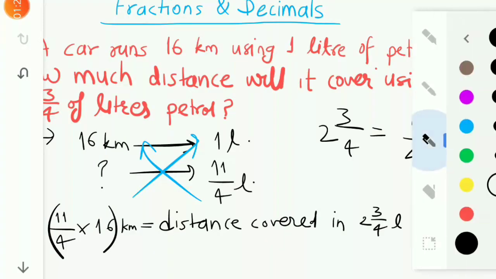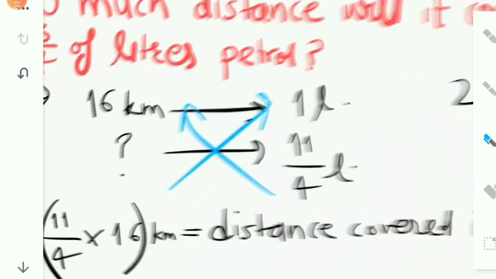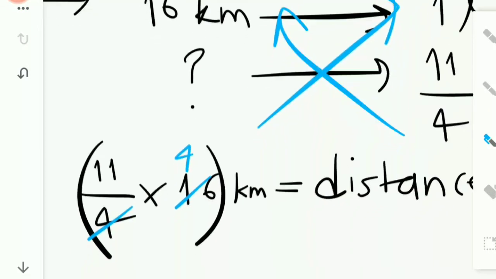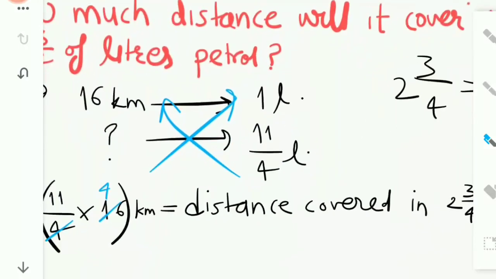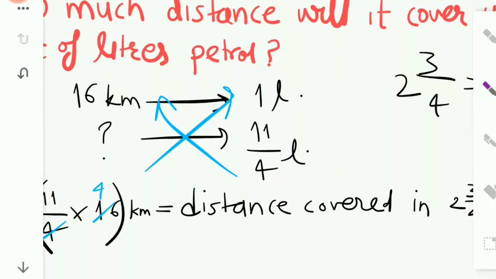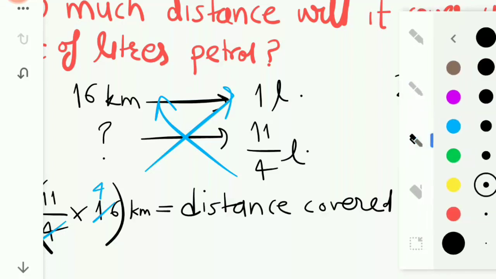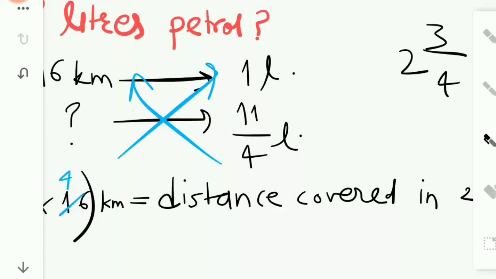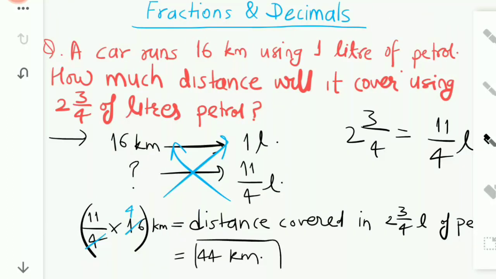Okay, so how do we do it here? 4 4s are 16, 11 4s are 44. So distance covered in 2 3/4 liters of petrol is 44 kilometers. This is the answer.